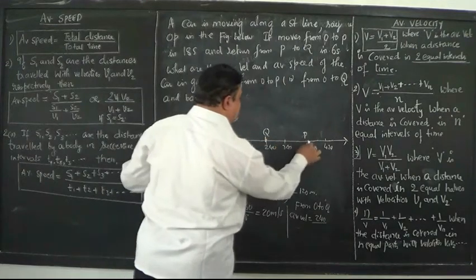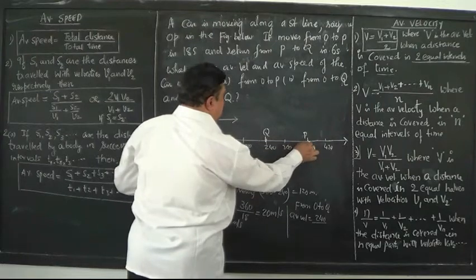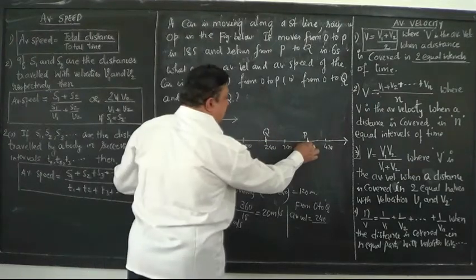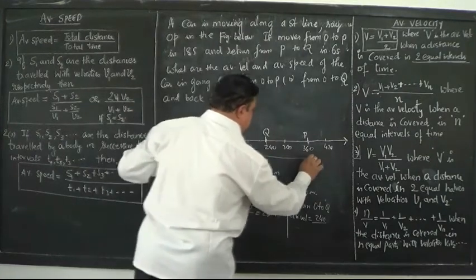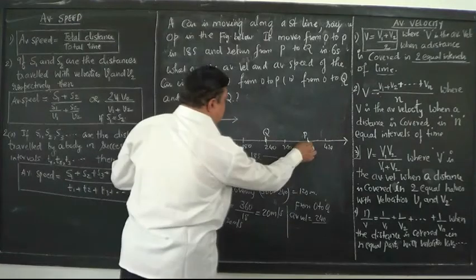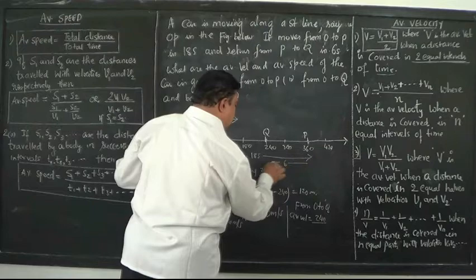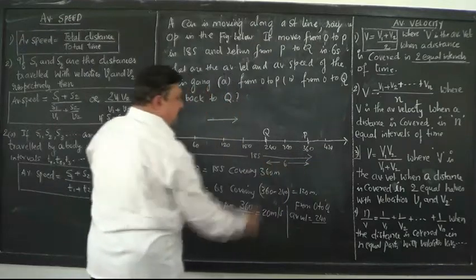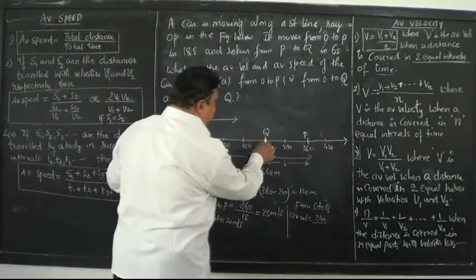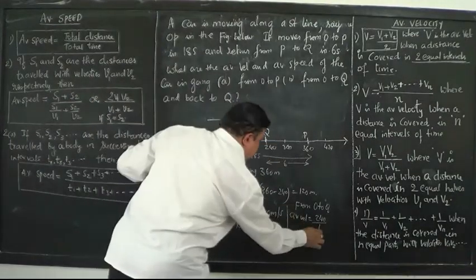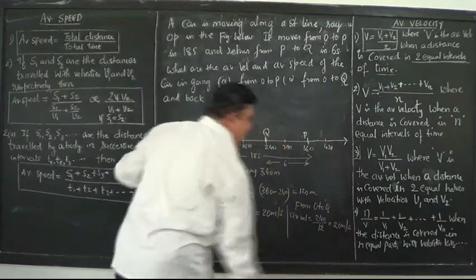What is the time that the particle takes to travel from O to Q? From O to P it is 18 seconds, and from P to Q it is 6 seconds. So you take off this 6 seconds. 18 minus 6 is 12. So if the particle has to travel from O to Q, the time it takes is 12 seconds. So again it is 20 meters per second.